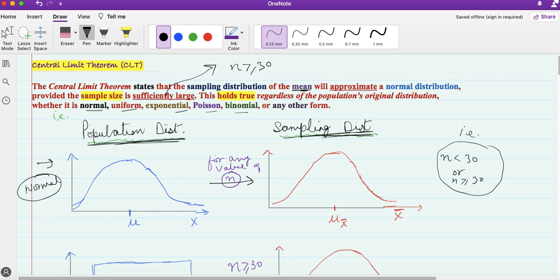One important point is that if the parent population is originally normal, then whether the sample size is less than 30 or more than 30, it hardly matters, because it will always be normal. So there is no restriction on n if the data originally comes from a normal distribution, right?